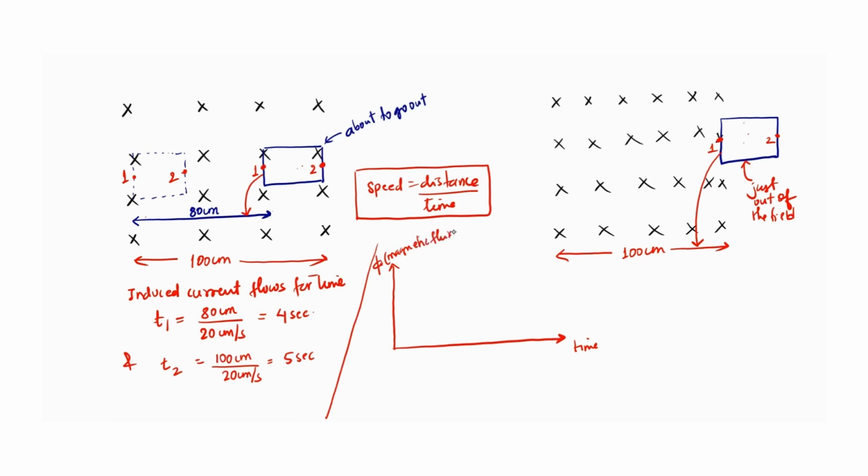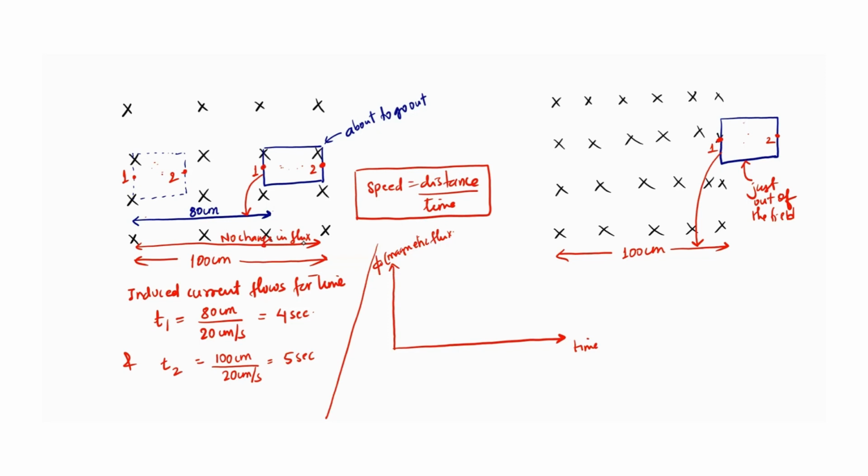Now, for these two positions, there is no change in flux. So as I said earlier, here we have no change in flux. At this condition, or for these two positions, there is no change in flux.